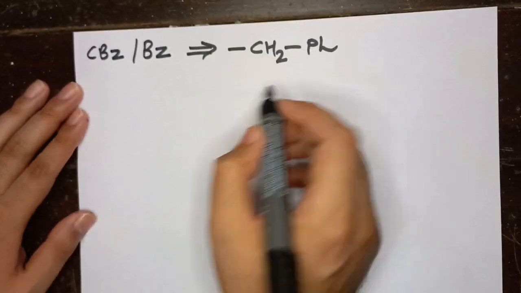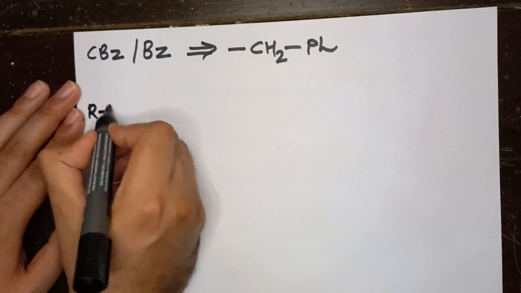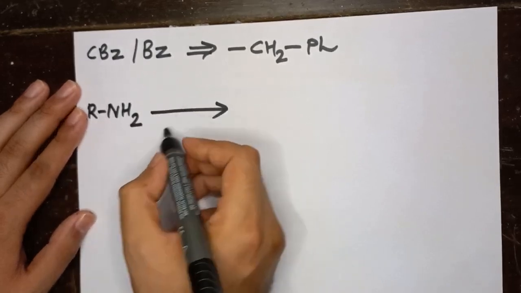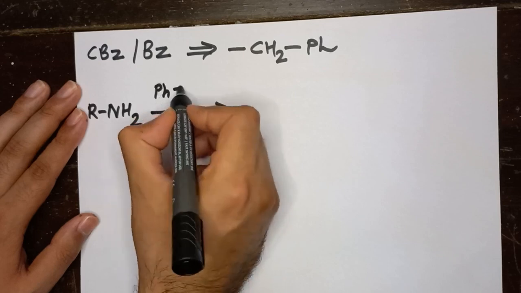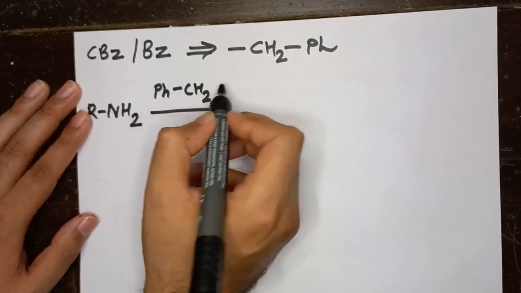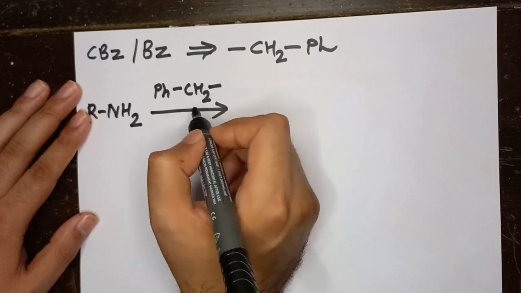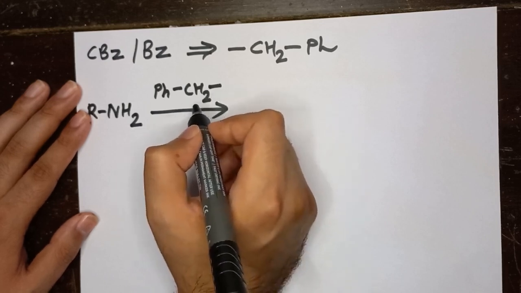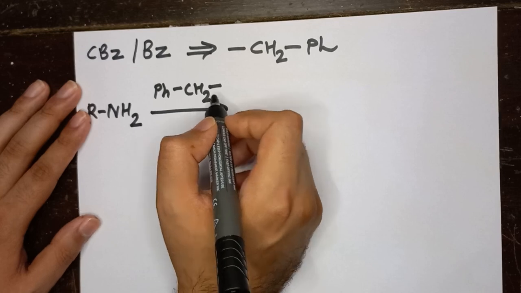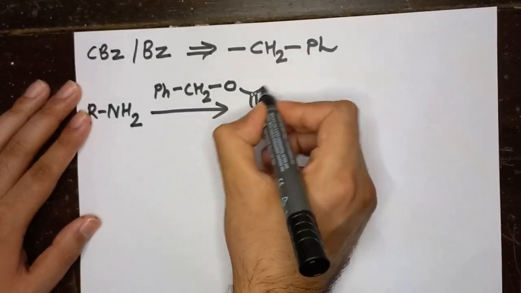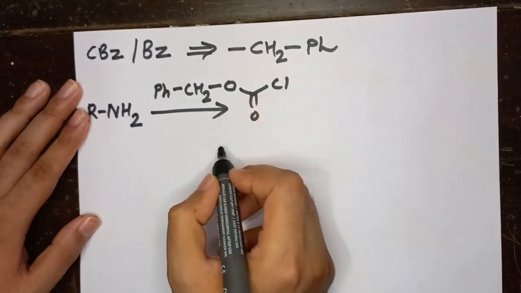So suppose I have this primary amine and I am taking PhCH2, let me take the chloride version of it, for example, this we have.